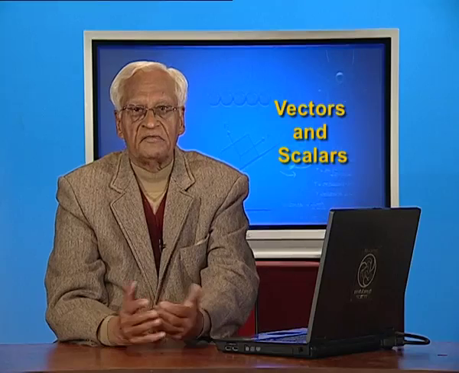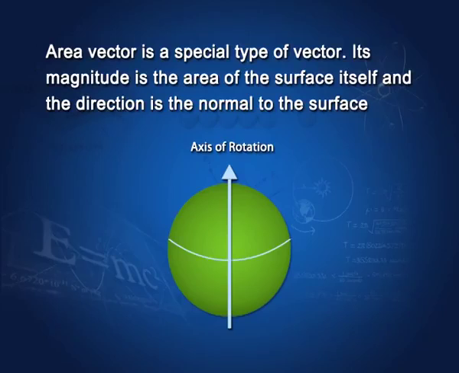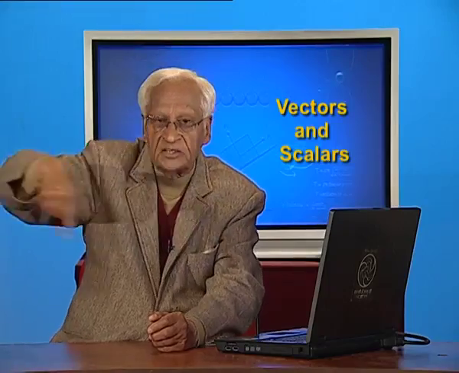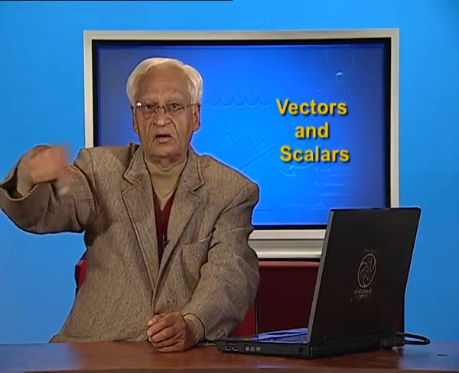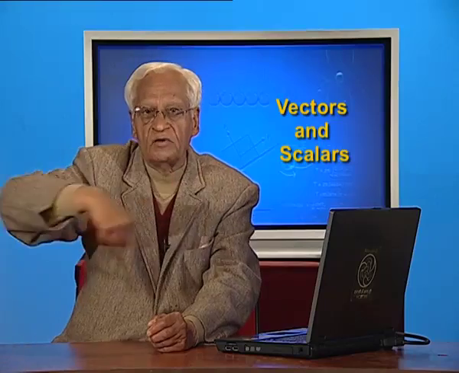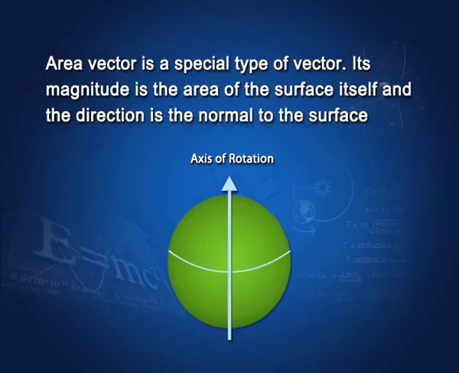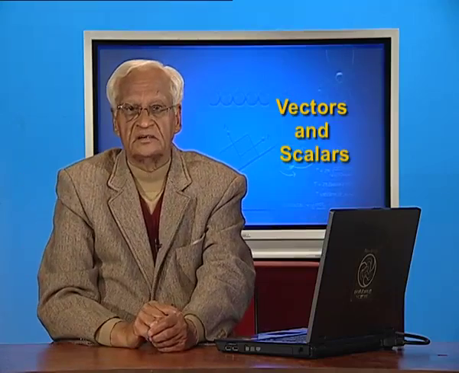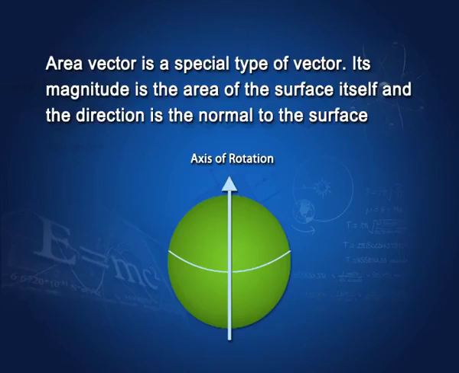Another vector which is slightly peculiar is the angular velocity vector. The magnitude of the angular velocity vector is the rate at which something rotates, or the magnitude of the angular velocity, and its direction is along the axis about which it rotates. So, it is a special kind of vector, but it is a vector all the same.